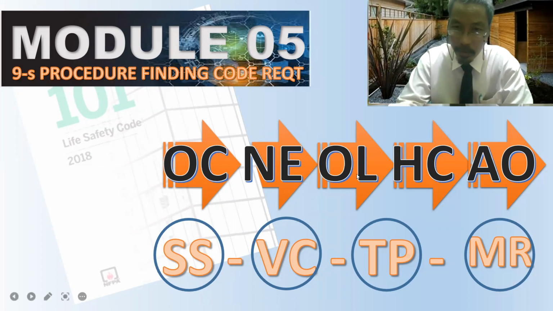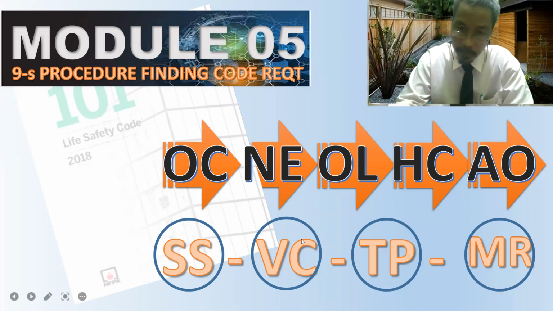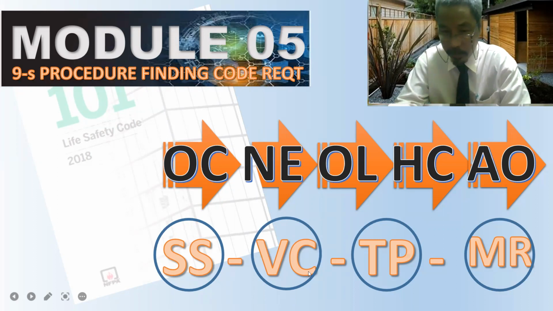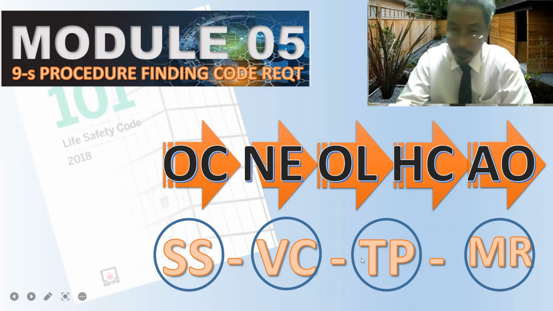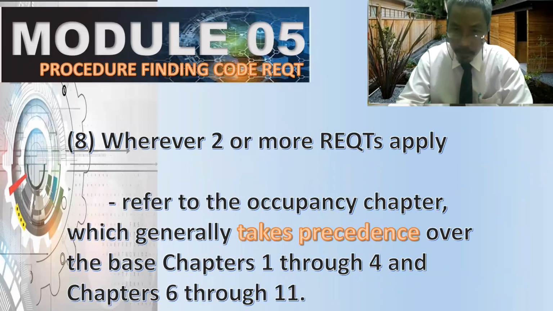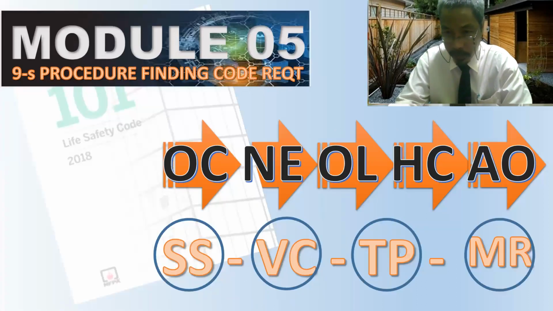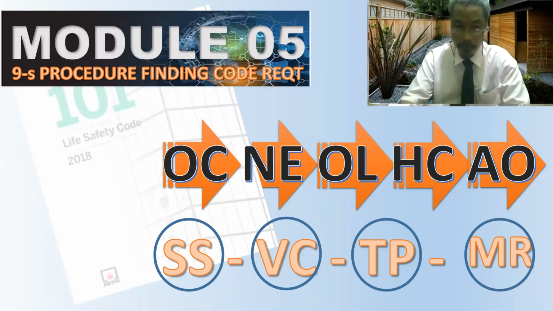We have this code acronym. So this is sub-specification, special use, verification of our requirement, and then this takes precedence, and then this is most restrictive.